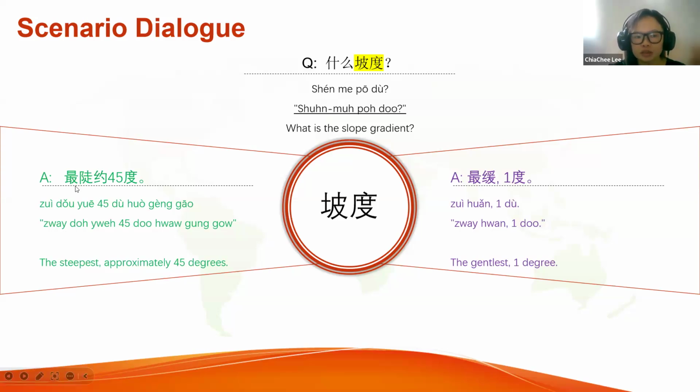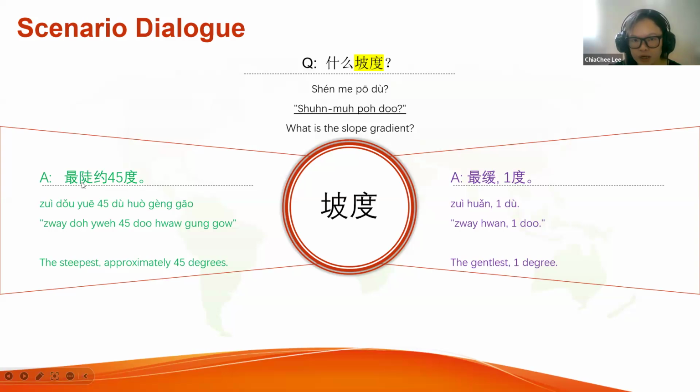Okay 最陡约 the steepest approximately 45 is 45 度 again fourth tone 度. So 什么坡度 what is the slope gradient the steepest will be like approximately 45 degrees 最陡约45度 or maybe higher lah.